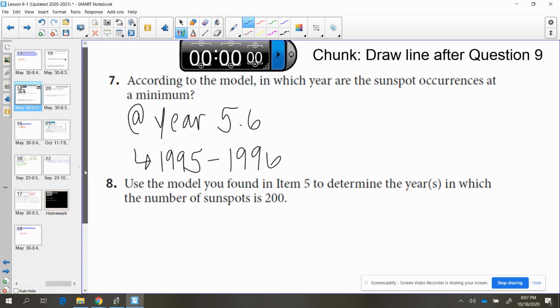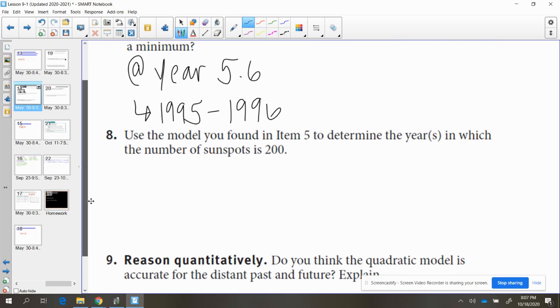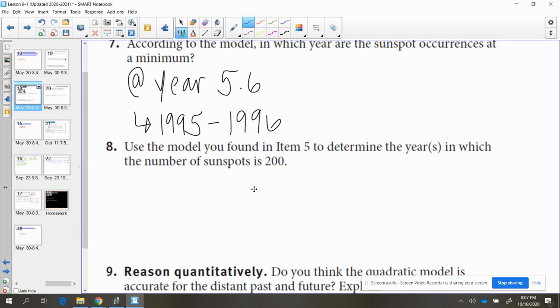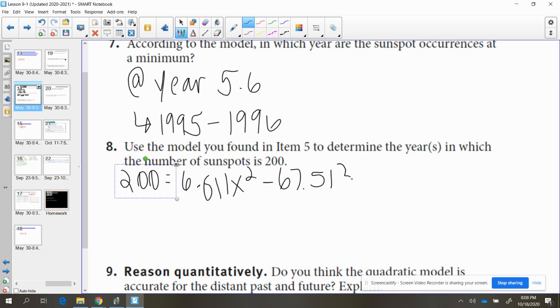Which then means if we're looking to figure out when will the number of sunspots be 200, well, that's where we're going to set our model equal to 200. So that's at the top of page 121. We're looking to take our model and ideally find when this is equal to 200.